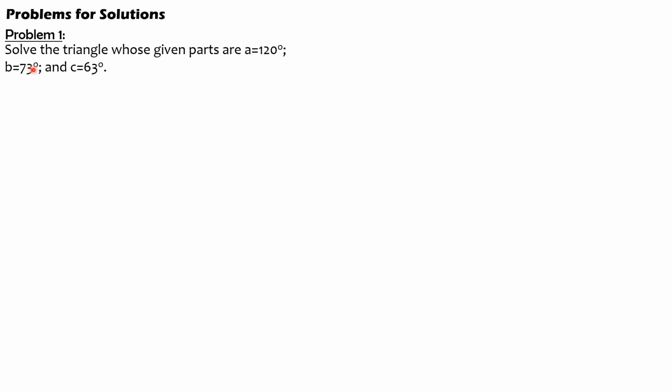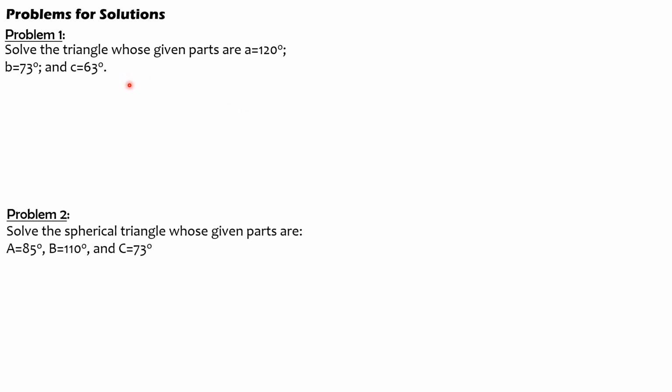These are all sides, so we use the law of cosines for the sides, which is cosine of side A equals cosine of side B, cosine of side C plus sine side B, sine side C times cosine of the angle opposite to side A. So that's the formula that should be used because the other formulas are of that same pattern.